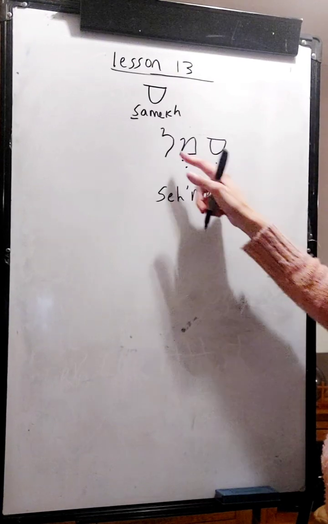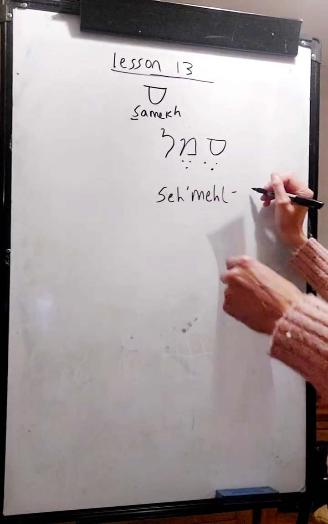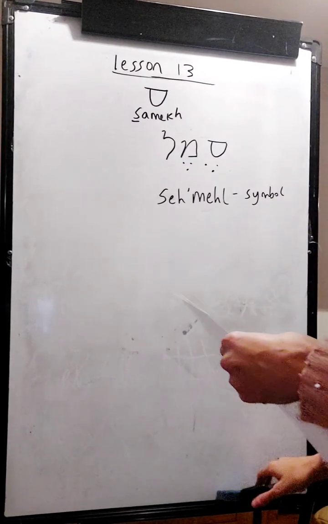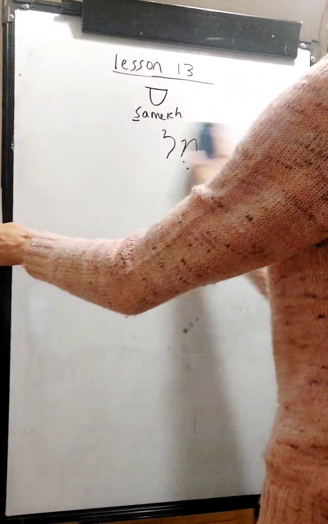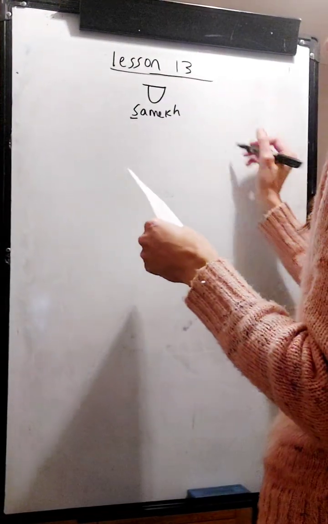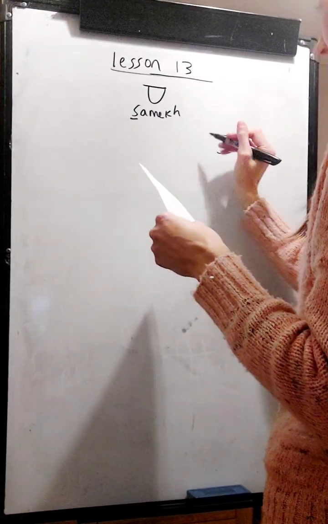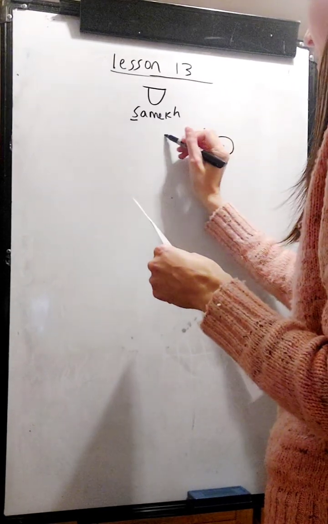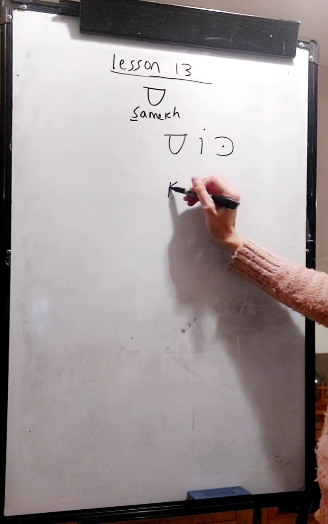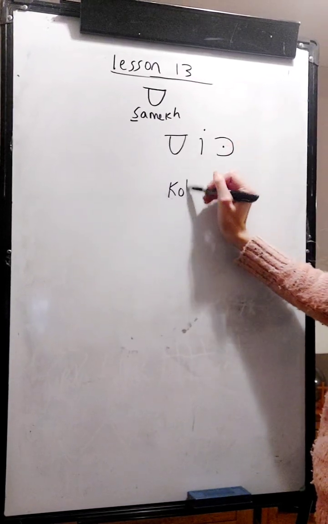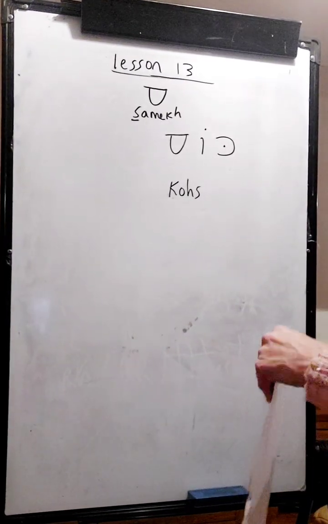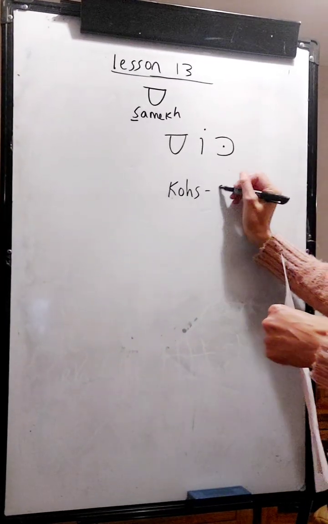Sound of the consonant, semel, which means symbol. Sound of the consonant, ka. Sound of the vowel, o. Sound of the consonant, kos, which is ka.